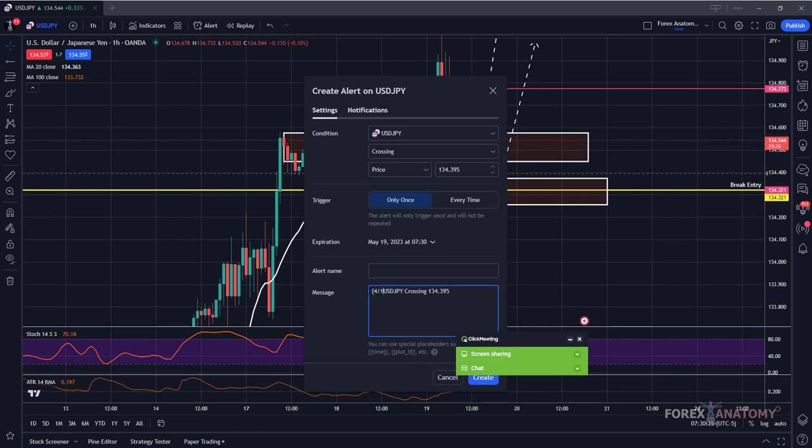And I'm just going to keep it simple. Price testing next 1 hour support. Look to buy? Question mark.